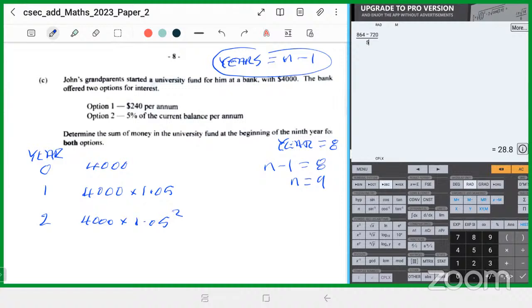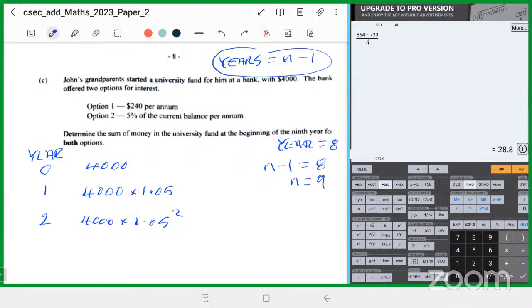So if you completed 8 years, you actually have 9 terms in the series, but the first term is 4,000. So you're at the 9th term in the series. That's what you have to understand with this. You're only at the beginning of the 9th year, so you can't include the 9th year in the calculation.